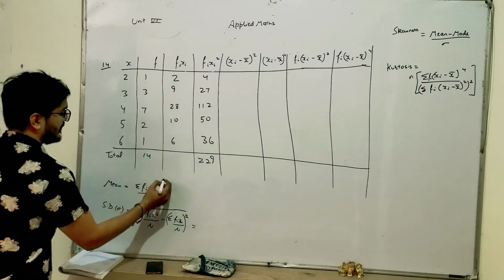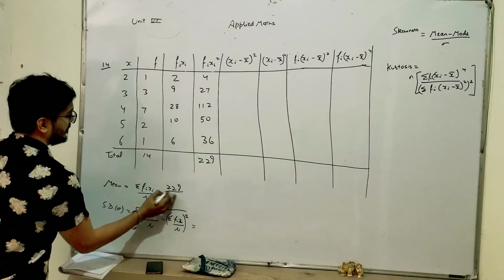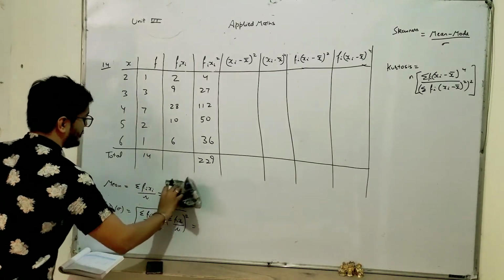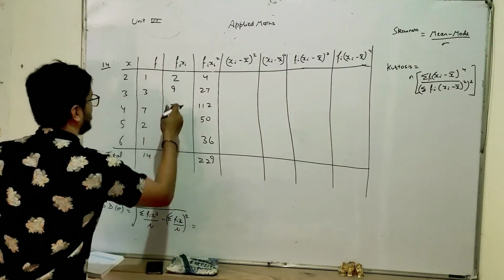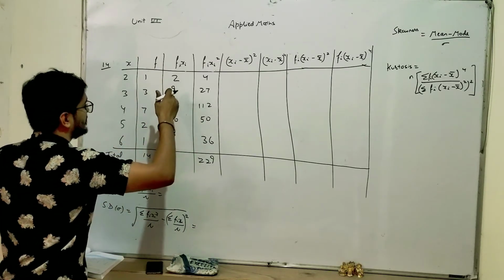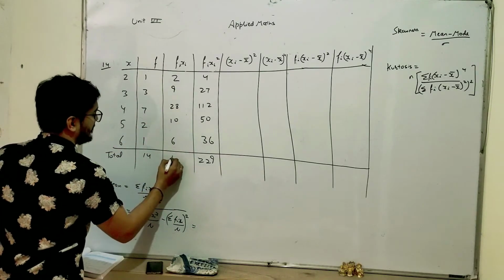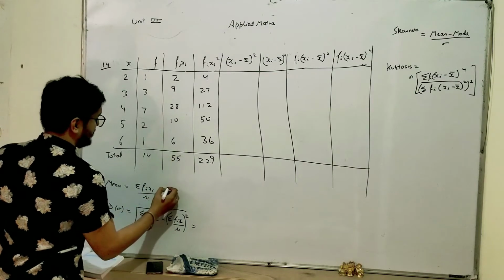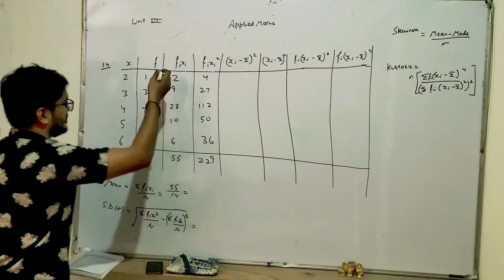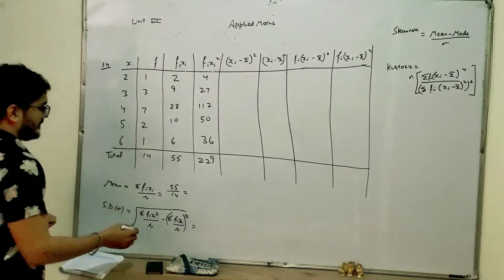So mean is equal to sigma, so 229 upon, okay, sorry, not 229. Mean will be 28, 38, and 10, 48, and 7, 55, right? So 55 upon 14, the sum of this divided by 14.